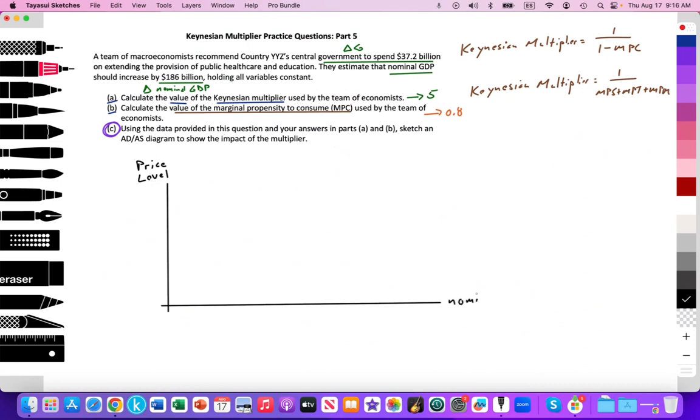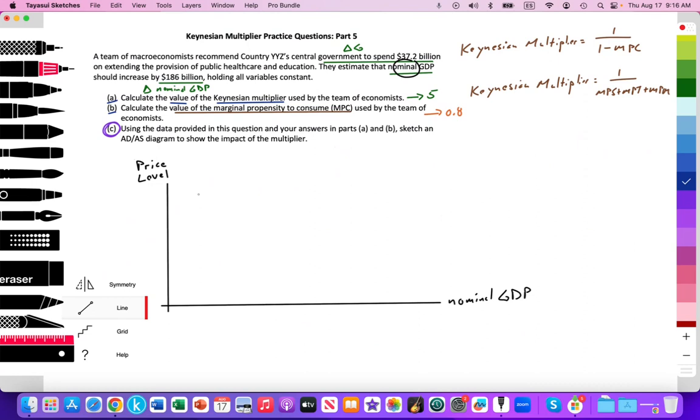Here we're measuring nominal GDP, as it states here, nominal, as opposed to real. And we're going to first illustrate, since aggregate demand is shifting out due to the injection of government spending, we'll have our initial aggregate demand curve right here. So we're going to label that AD1.